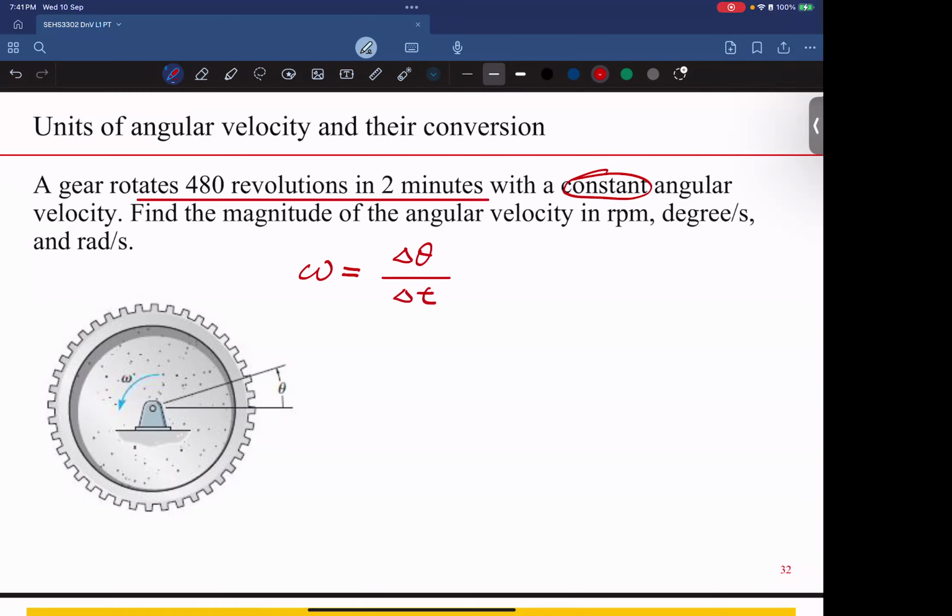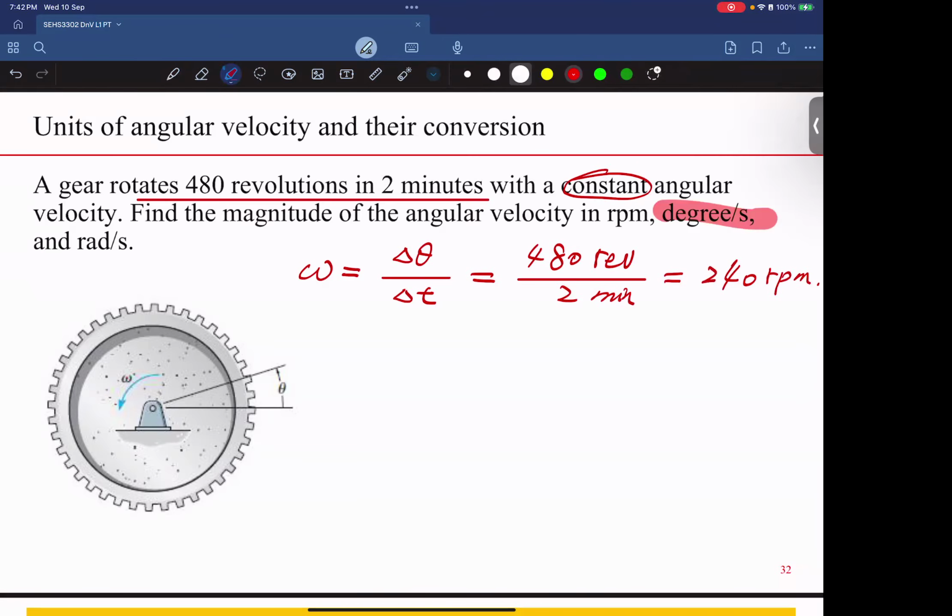The time period is 480 revolutions over 2 minutes. Actually, it's 240 RPM, that's it. But we also want to know it in degrees per second and radians per second.